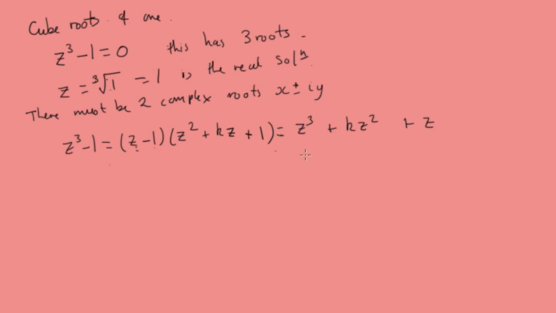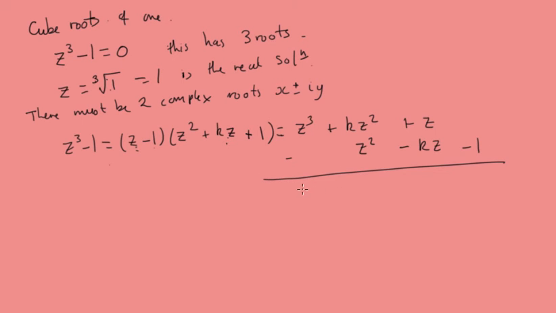Then we do the minus 1, so we'll have minus z squared, minus kz, and then minus 1.